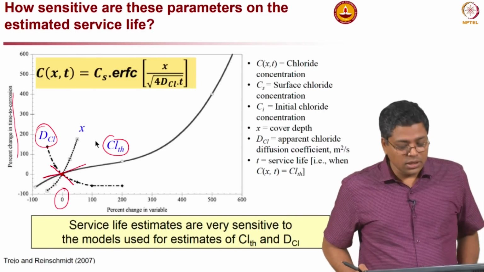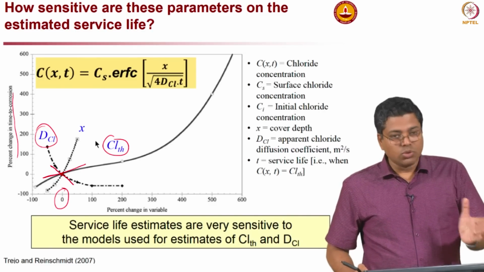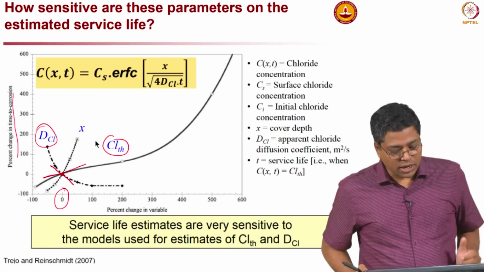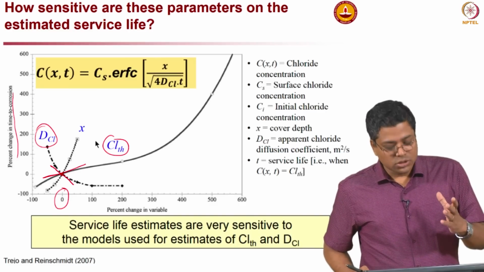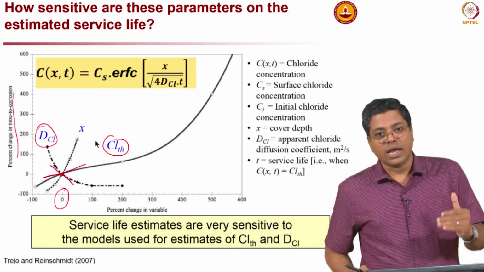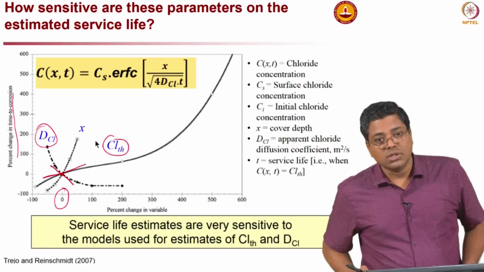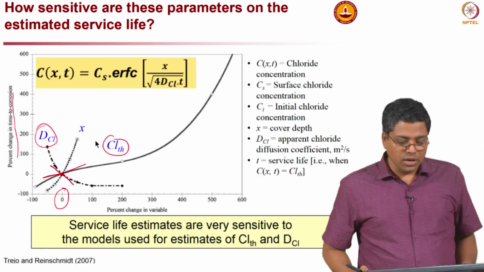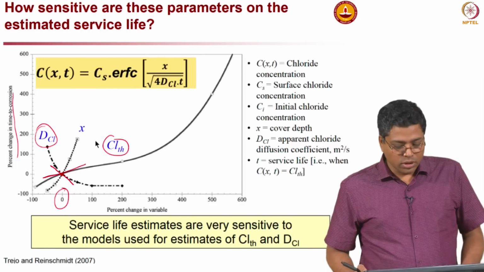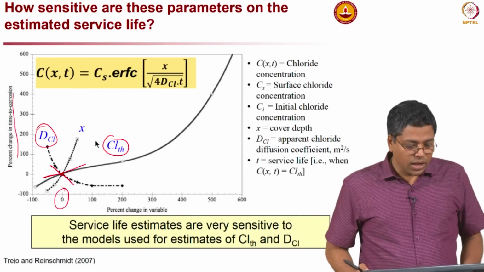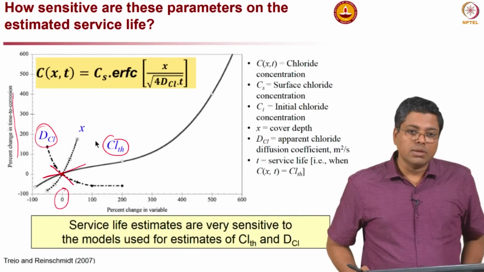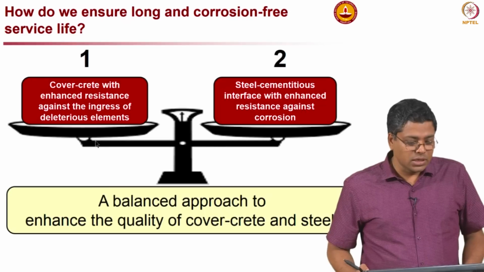We can even do this at the design stage. Towards the end of the lecture, we will show you some slides with tools by which we can see how sensitive these parameters are for the particular cases you are dealing with, and that way you can decide the materials during the design stage itself.